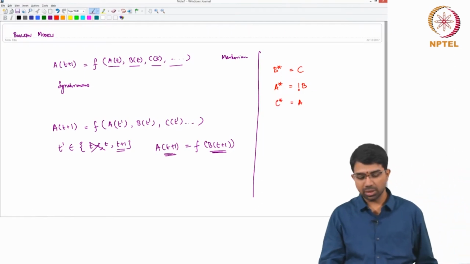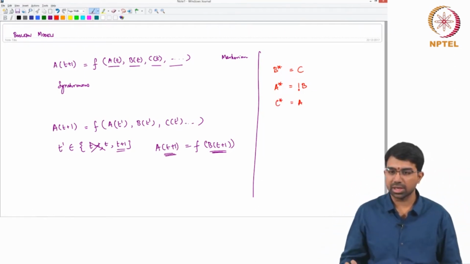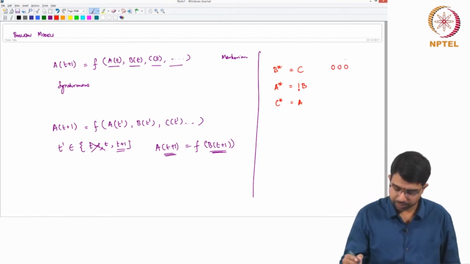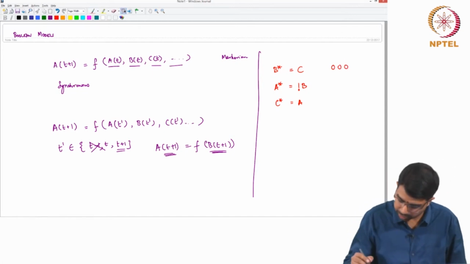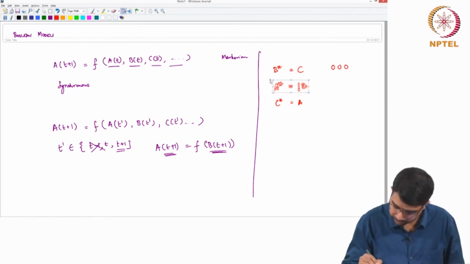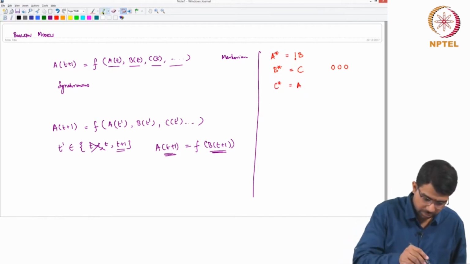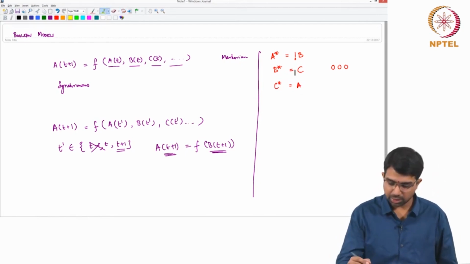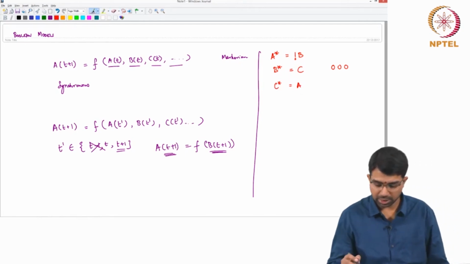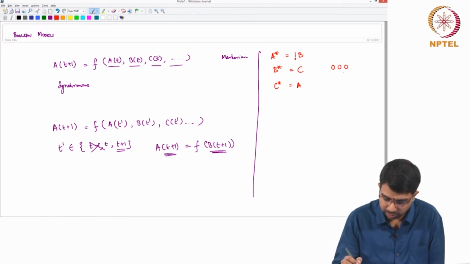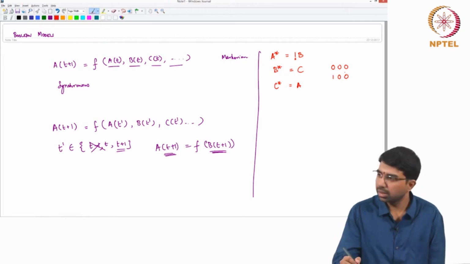Now, given this, you can immediately figure out how the state transitions happen. Let us say we start at 0 0 0. Maybe I will reorder the rules, it will be easier for us. So, A star is not B, B star is C and C star is A. What does 0 0 0 transit to? 0 0 0.